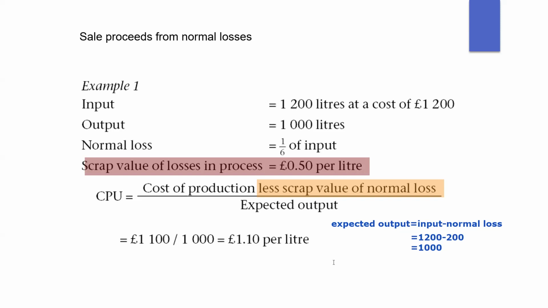Now, let's calculate the cost of production. Here you can see the input is 1200 liters, and the output plus the normal loss equals 1200, which means the output 1000 plus normal loss 200 equals 1200.